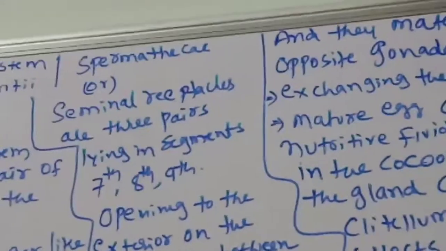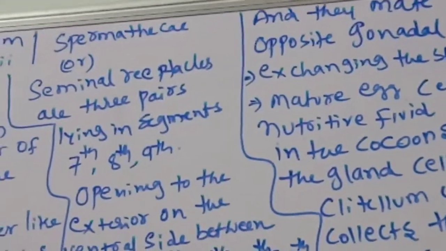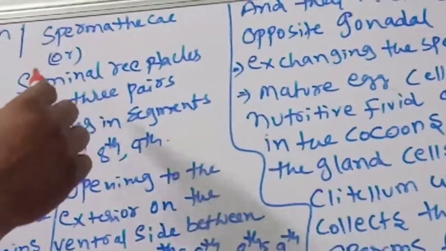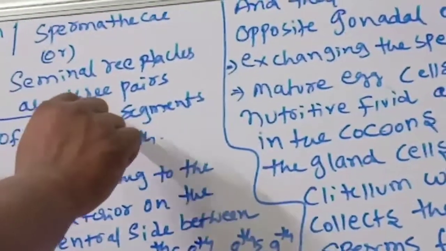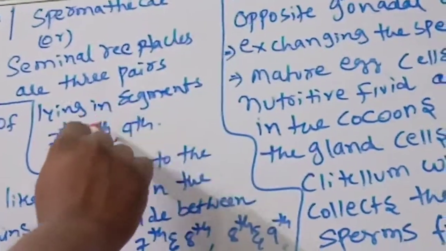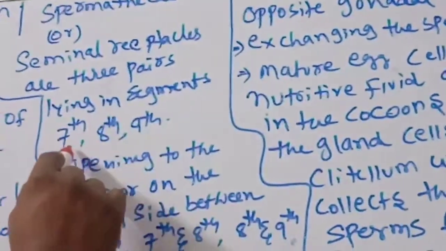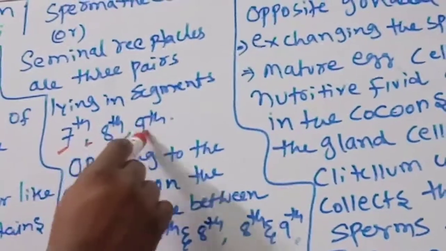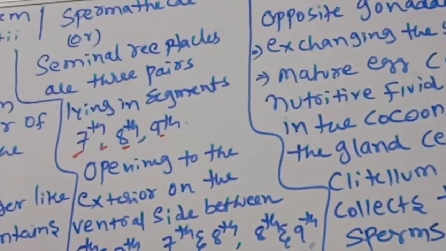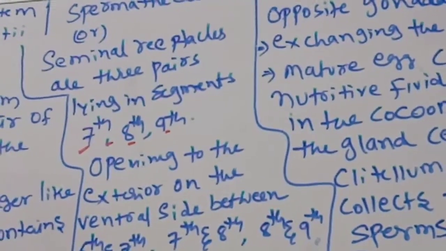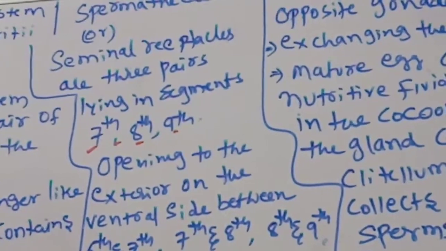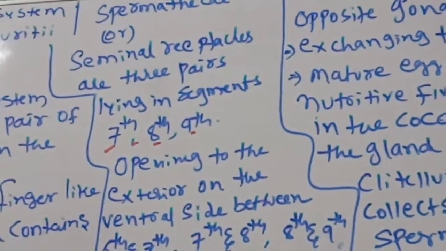Next, spermathecae or seminal receptacles are three pairs lying in the 7th, 8th and 9th segments. The importance of spermathecae is sperm collection.